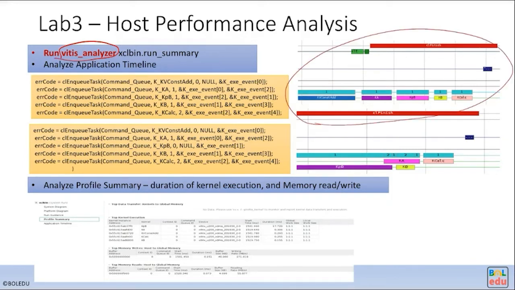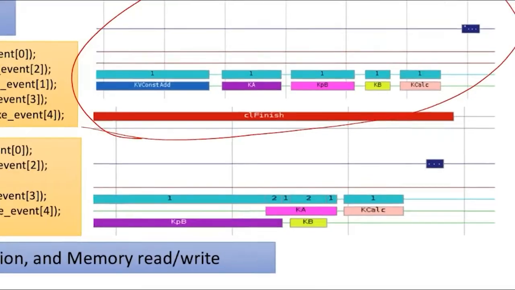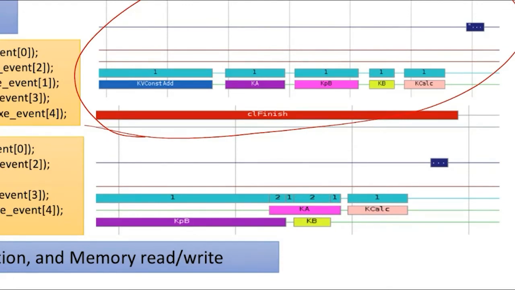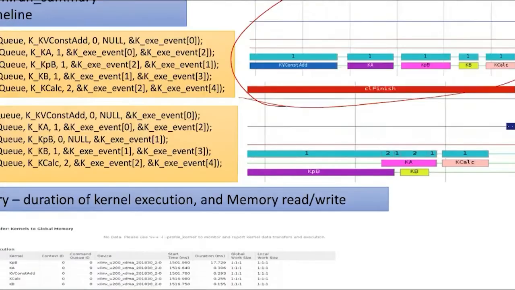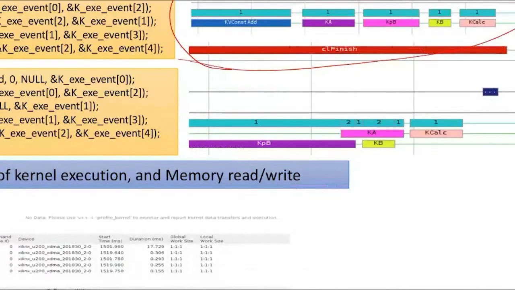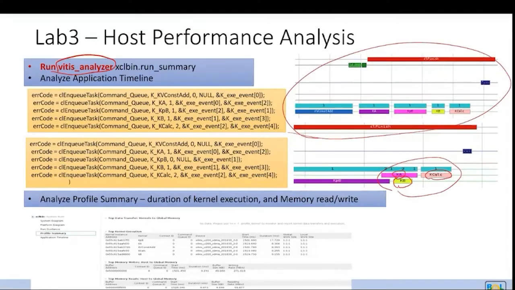In this one, it's in-order operations, so we see each kernel function execute in sequence. The next timeline is for out-of-order. We can see KA and KB actually running in parallel, and the calculate kernel can only execute after KA and KB complete. So it does follow the dependencies we specified in our code.